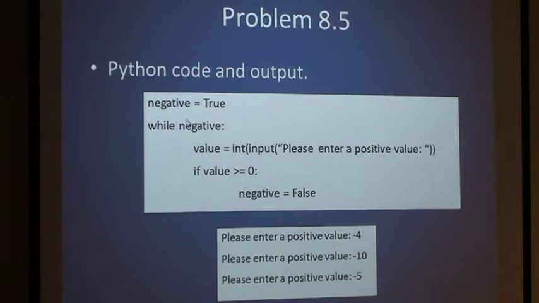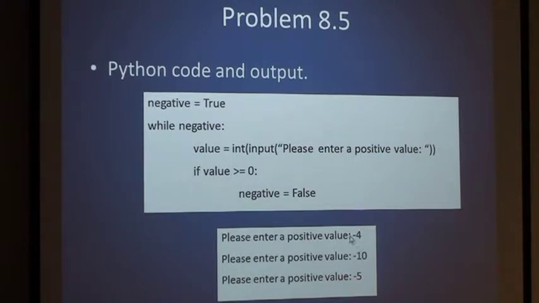Since Python does not have a do while, we do it always with while at the top here. So negative is true, while this is true, read the next value. If it is positive, then set negative to false, so the loop stops.